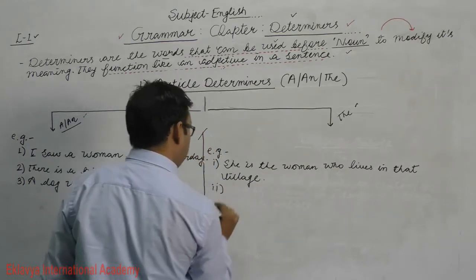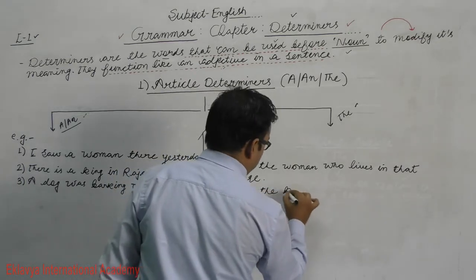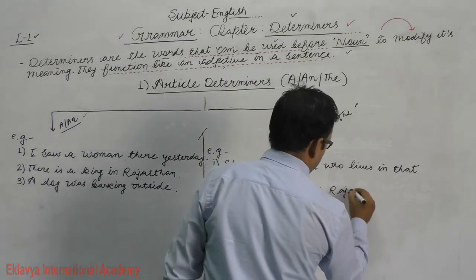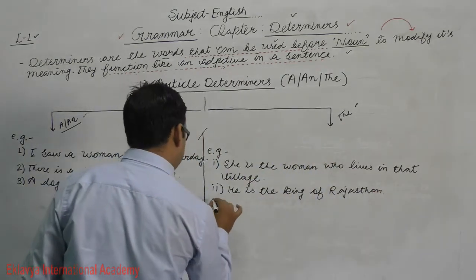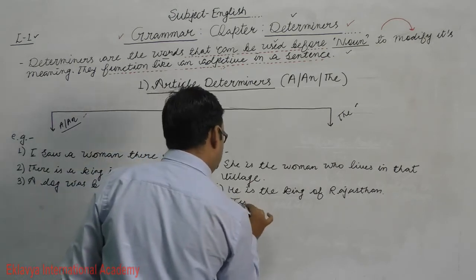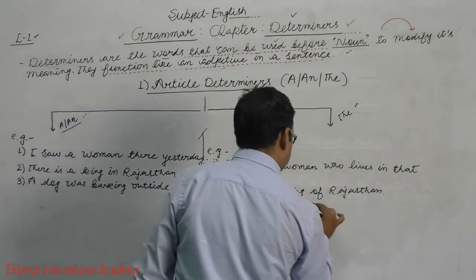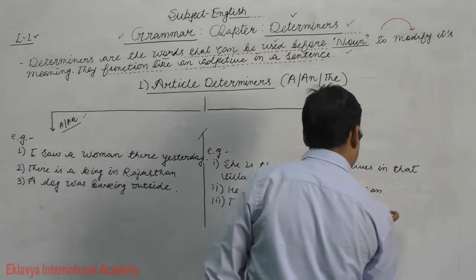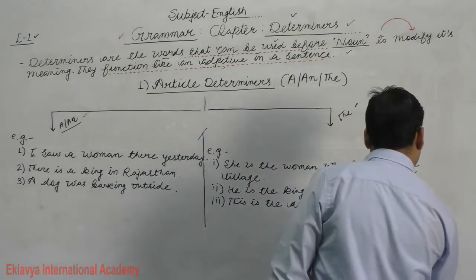Example number second: He is the king of Rajasthan. This is the dog that was barking outside.